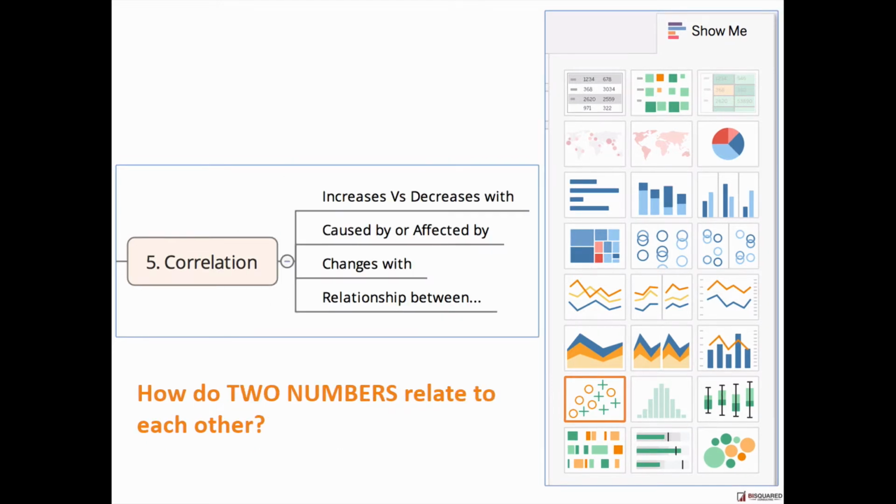So that is about a single number. Now, when it comes to correlation, the message is how do two numbers relate to each other? That's the key distinction. In the first case, distribution, it's a single number on its own axis. Here, two numbers, they are relating to each other. So the keywords that are used here, like for example, profit increases or decreases with, for example, sales, or is it caused or affected by?